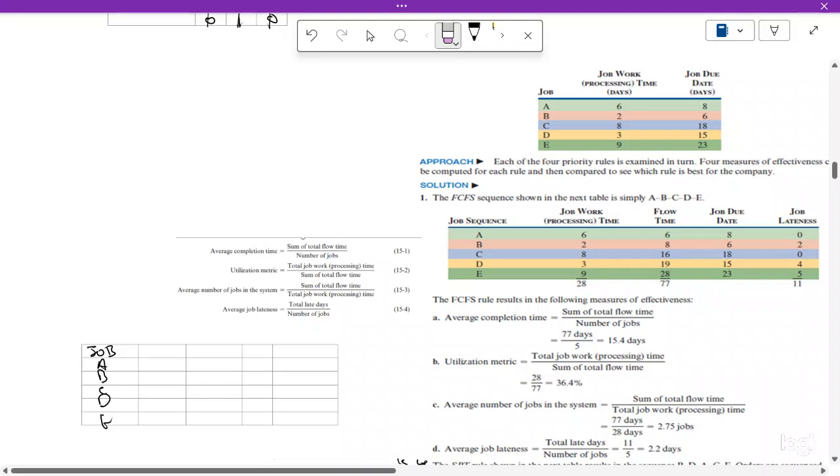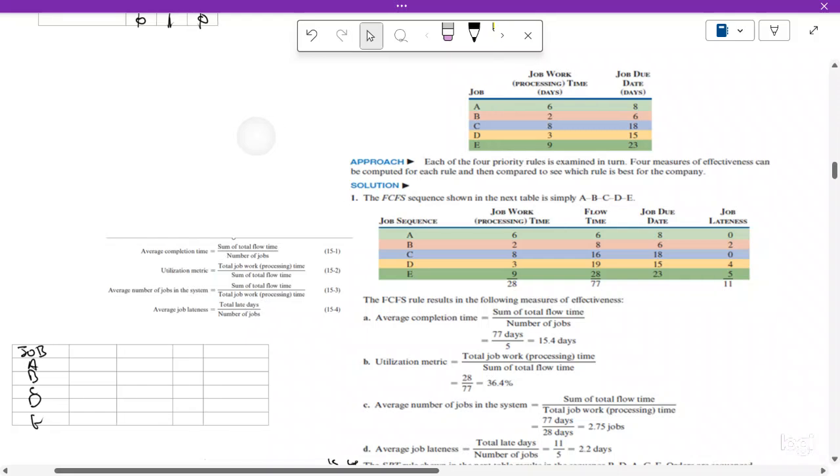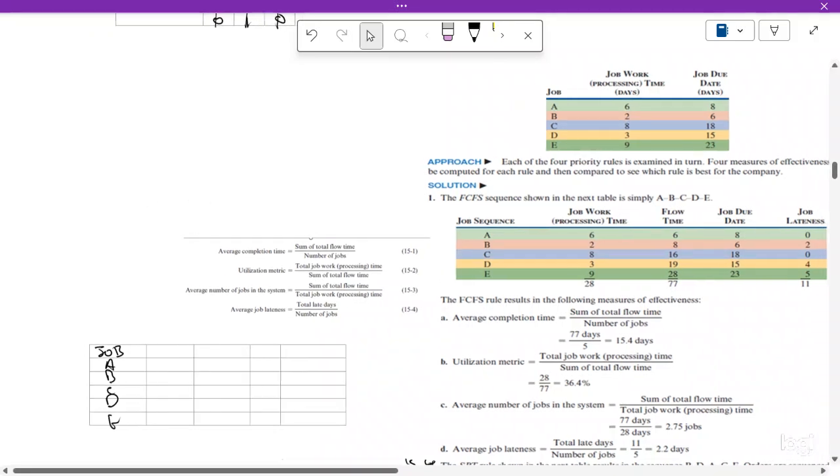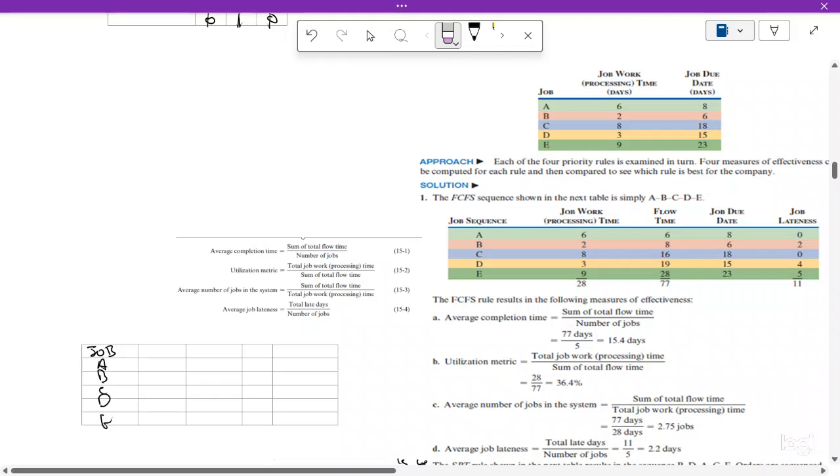So each of the 4 priority rules is examined in turn. 4 measures of effectiveness can be computed for each rule, then compared to see which rule is the best for the company. Then the first one is this one. Here is process time, PT, which is 6, 2, 8, 3, 9.